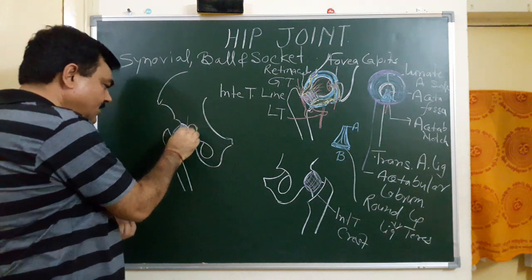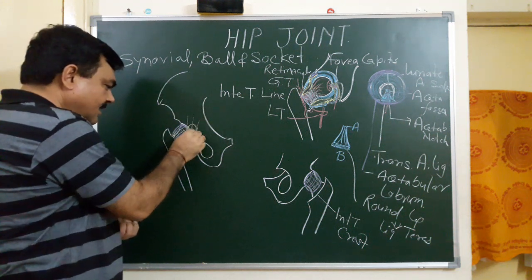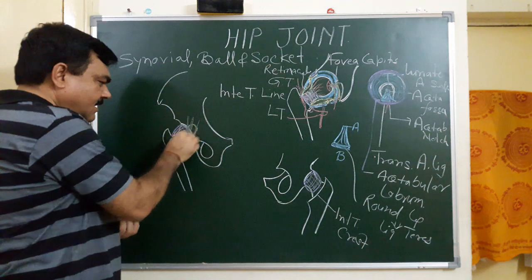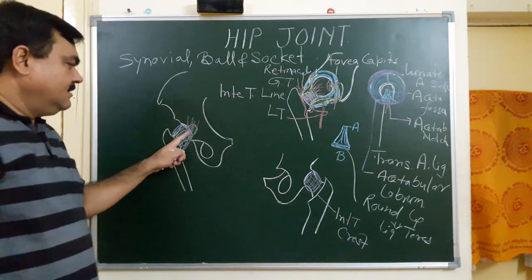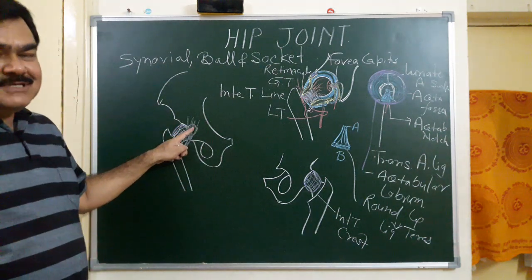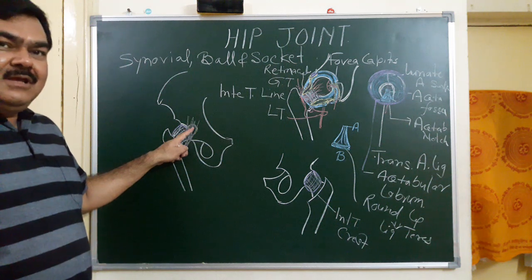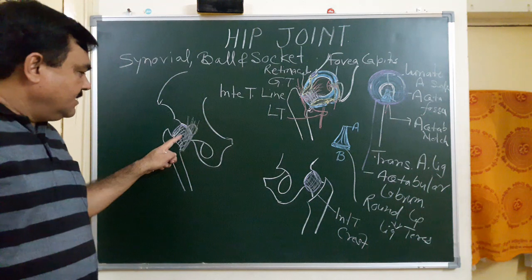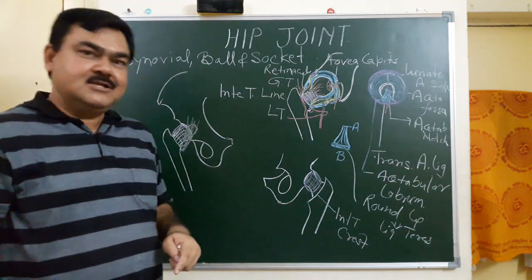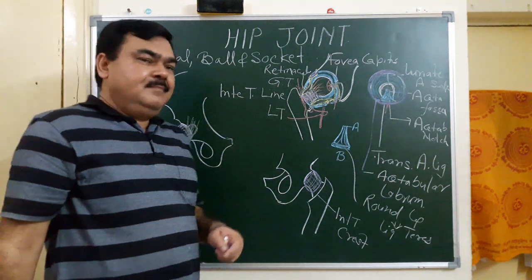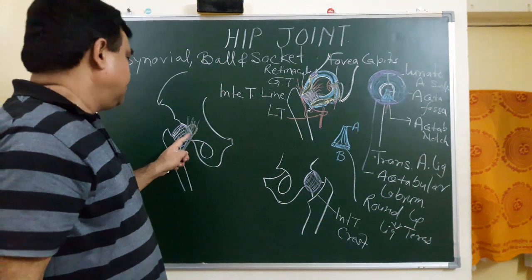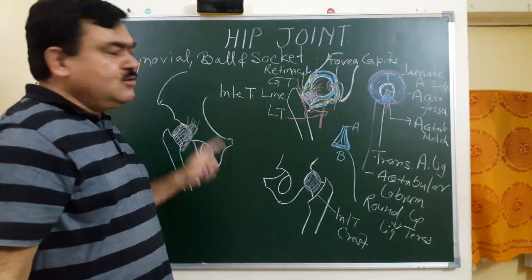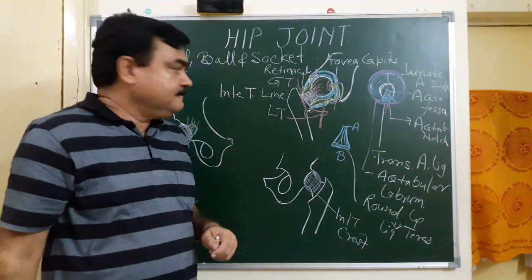Here is the position of the iliopsoas tendon. So this psoas bursa lies between the iliopsoas tendon and the capsule of the joint. Between the joint and the iliopsoas tendon, there is a bursa known as the psoas bursa.